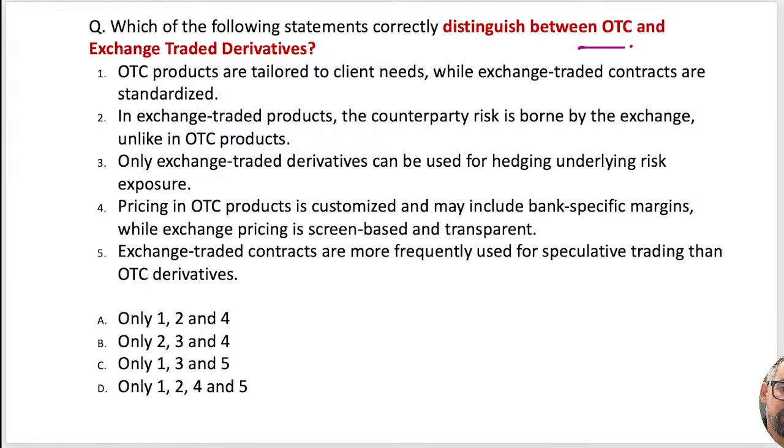So, OTC versus exchange traded derivative.